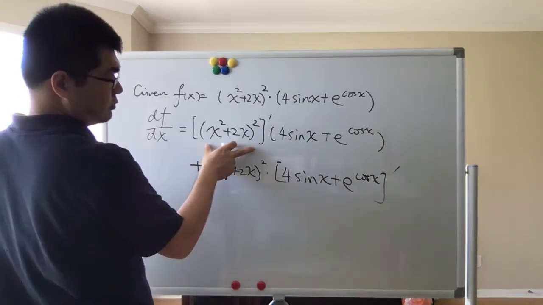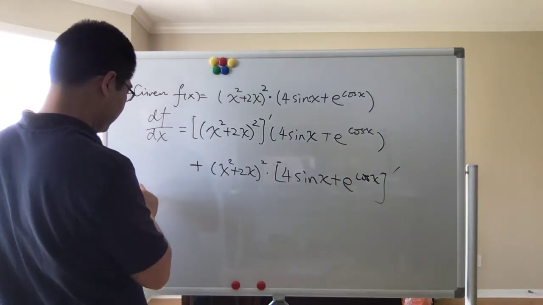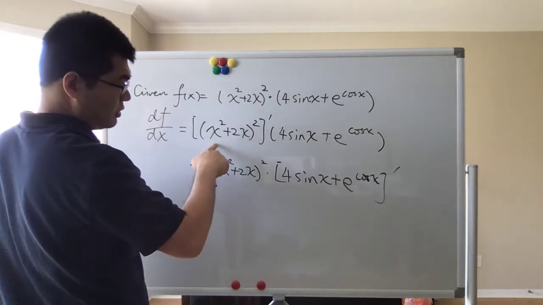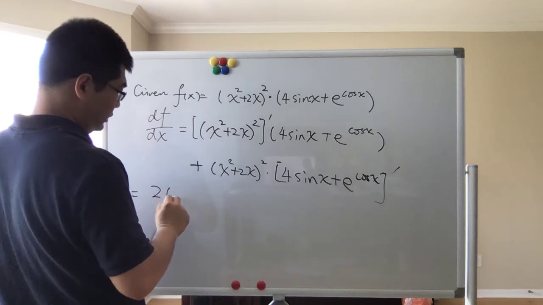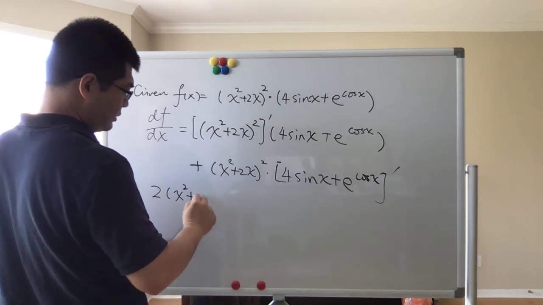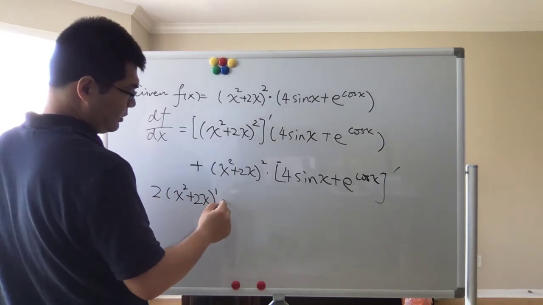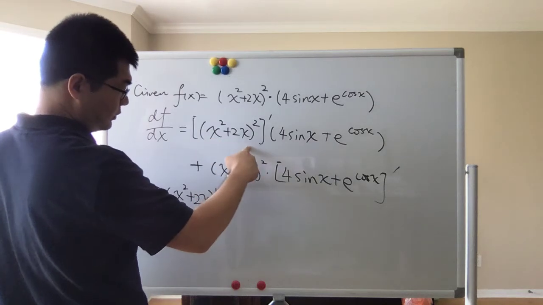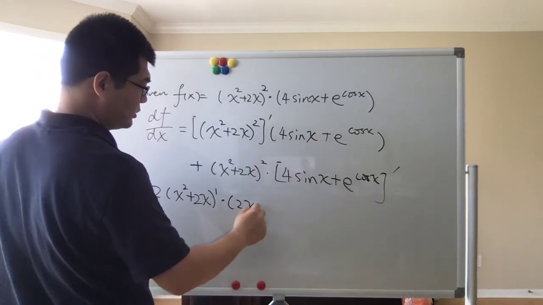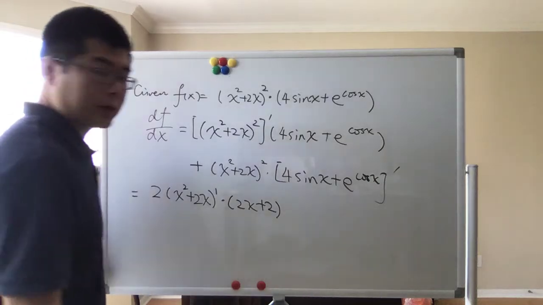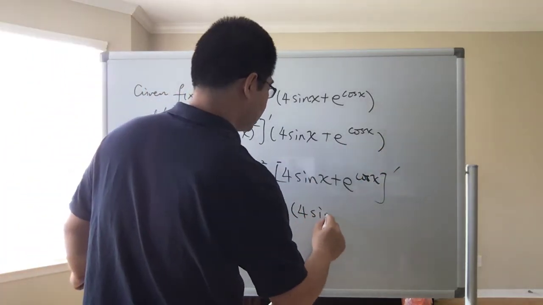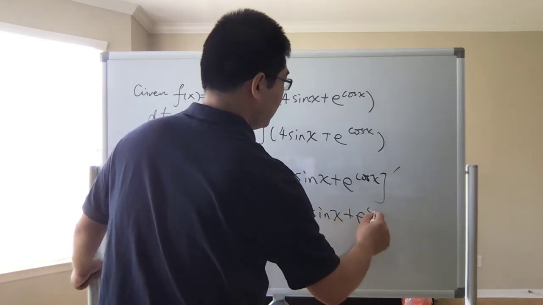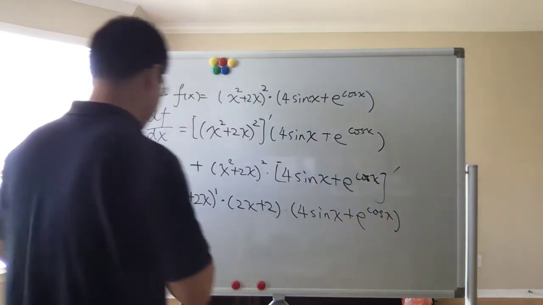And to handle the derivative of this, let me write it here. We just learned the chain rule with the power, right? So we can write it as 2 times x squared plus 2x to the power of 1 times the derivative of the inside function, which is 2x plus 2. Okay? And then multiply this, 4 sine x plus e to the power of cosine x.